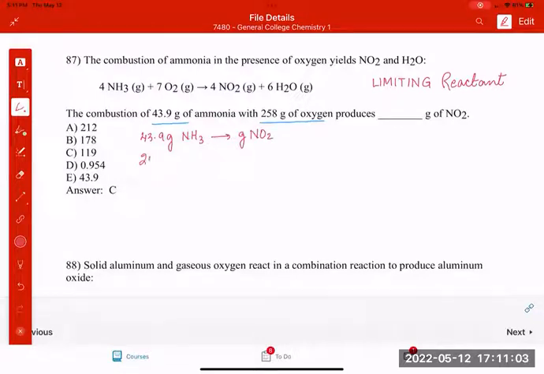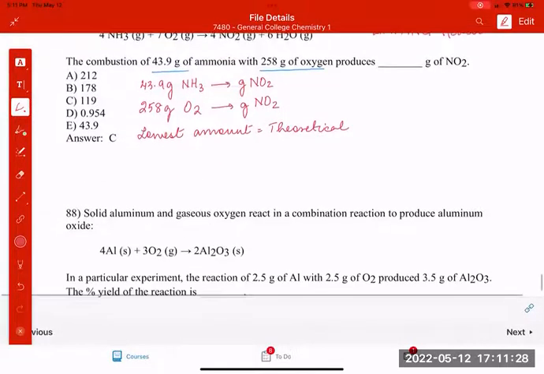Using 258 grams of oxygen, you will find how many grams of nitrogen dioxide you can produce. And the one which gives you the lowest amount is your theoretical yield, and that is the answer for this one. So you guys know how to do all this? Check, I mean, we've done this limiting reactant so many times, so check that.